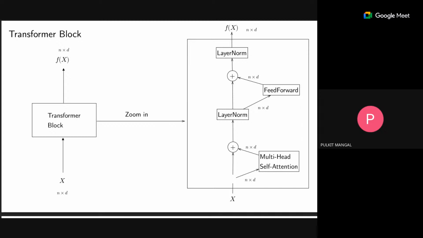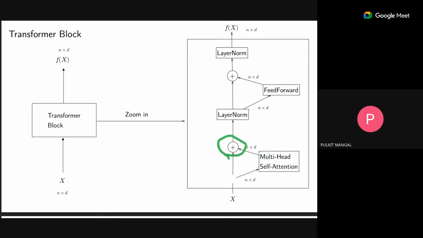Later you concatenate all of the outputs of the self attention blocks. If you have h heads, the output after concatenation would be n cross h times dv, as dv was the output dimension that I chose for the self attention. That is again passed through one linear layer, and that will give you an output dimension of n cross d, and that's the output dimension for my multi-head self attention.